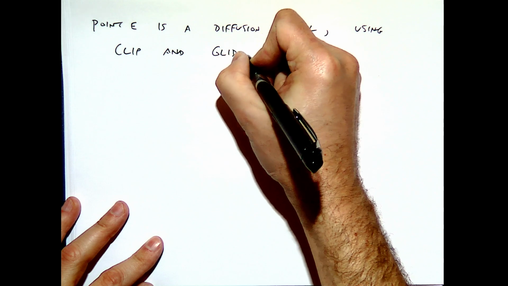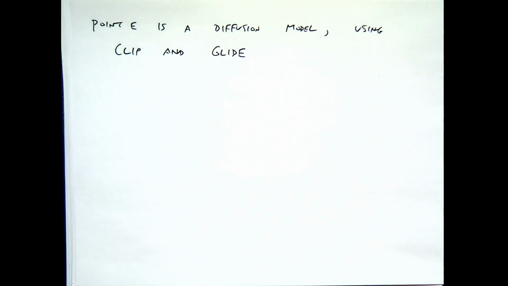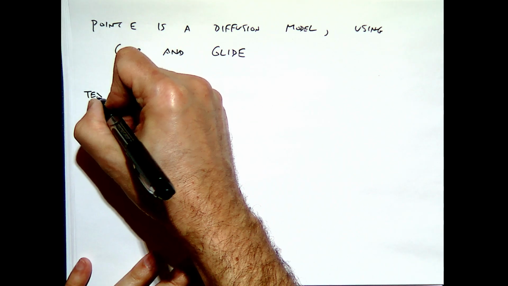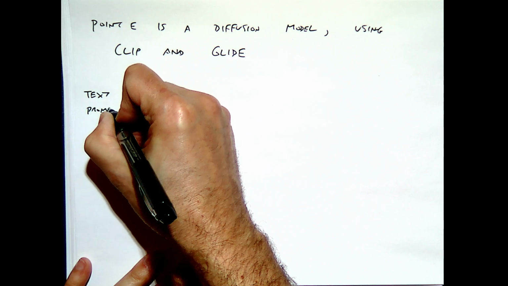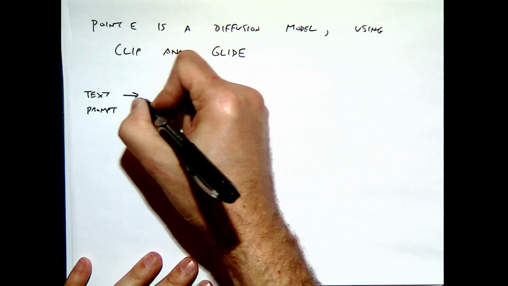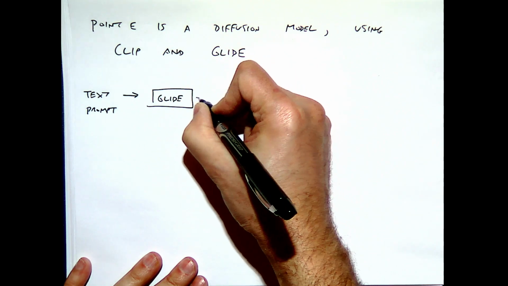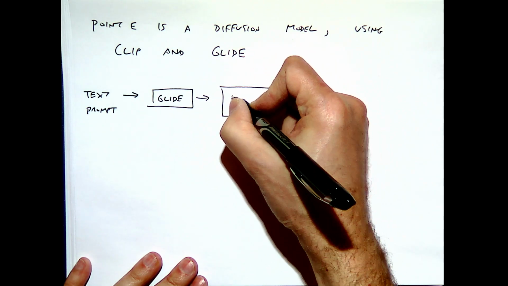If you don't remember, GLIDE is kind of like the predecessor to DALL-E in some sense, and it uses a DALL-E-like structure. So the idea is you start with a text prompt. You use GLIDE to generate a synthetic image.